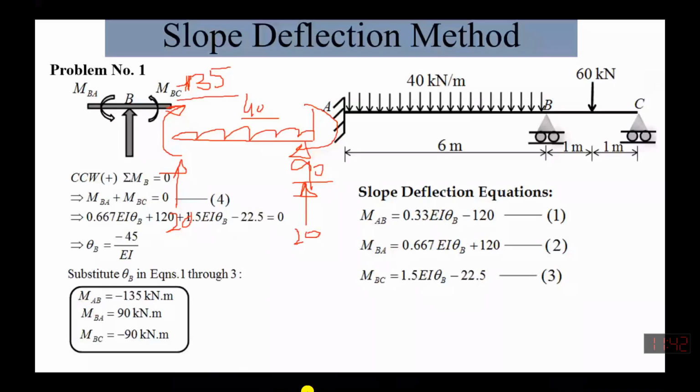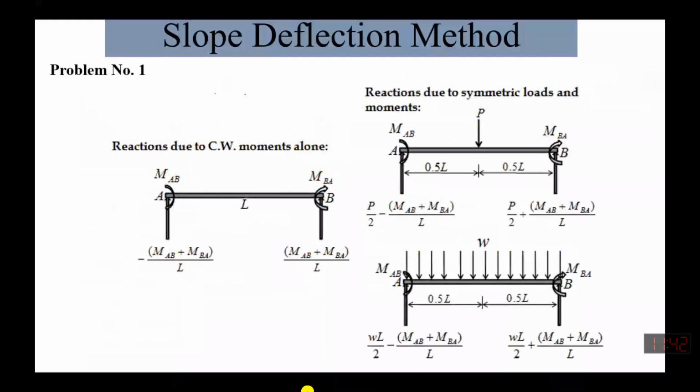So what we do is find a general equation to find the relationships. So we take the reaction in terms of an equivalent couple. Here are three possibilities I have given you so that you can find the relationship.